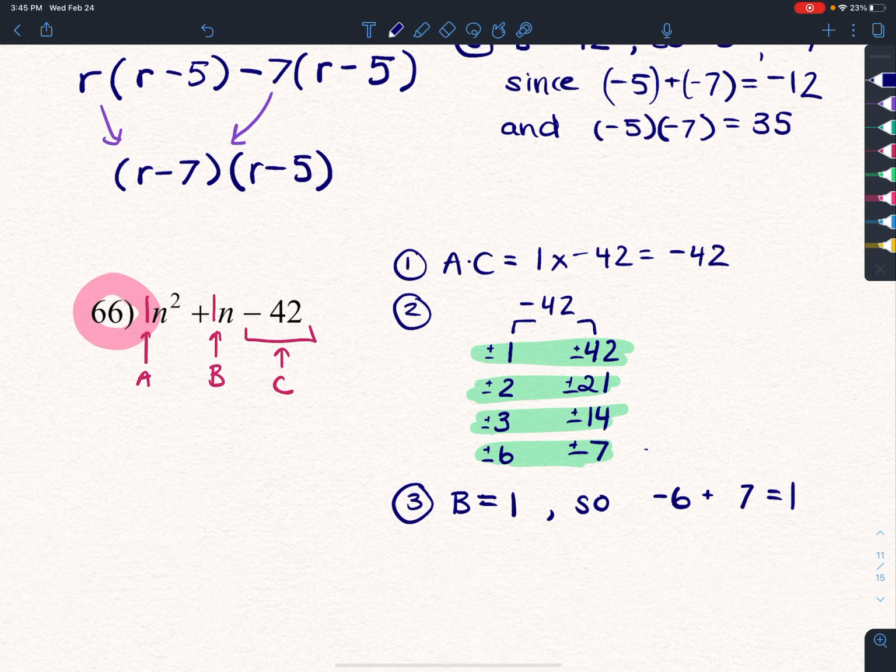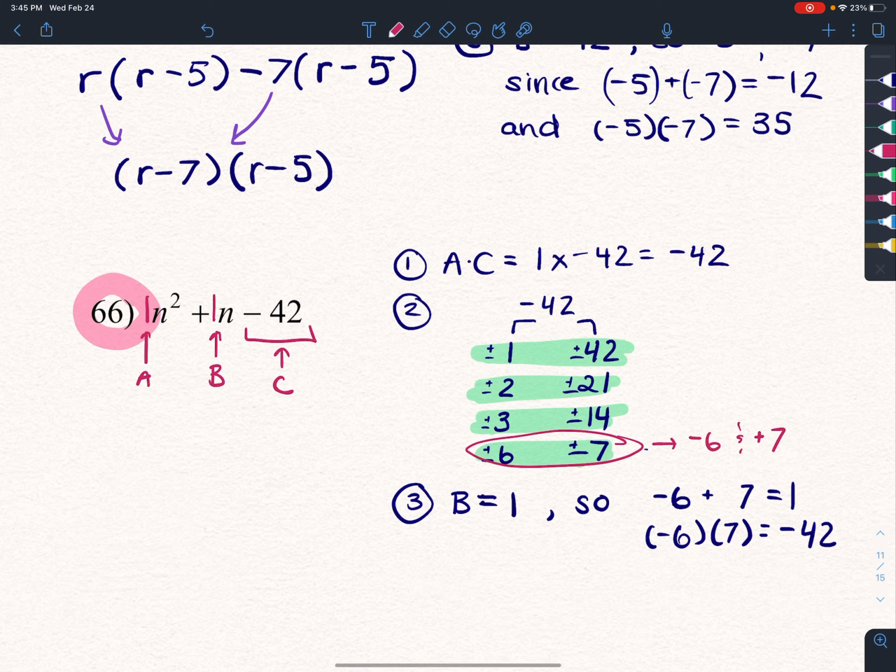So that will equal a 1. And then negative 6 times positive 7, that will equal your negative 42. So your product and your sum. So this is what we chose, negative 6 and a positive 7.